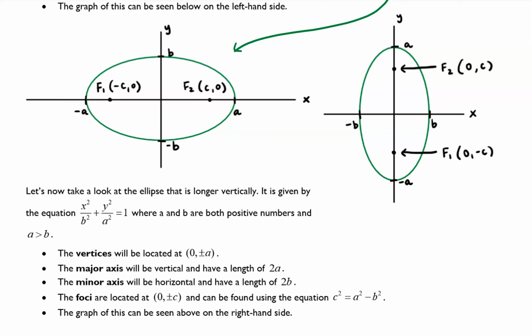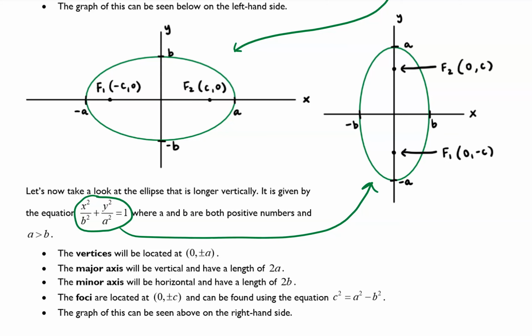The major axis will be vertical and have a length of 2a. The minor axis will be horizontal and have a length of 2b. The foci are located at 0, plus or minus c, and can be found using the equation c squared equals a squared minus b squared, and the graph of this can be seen above on the right-hand side. So this equation here is associated with this graph.